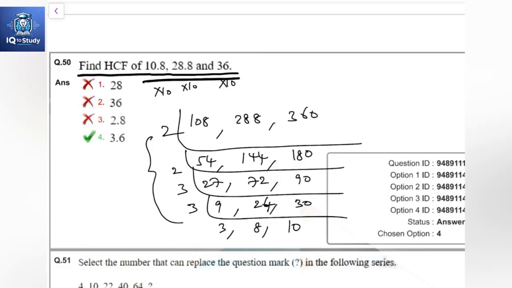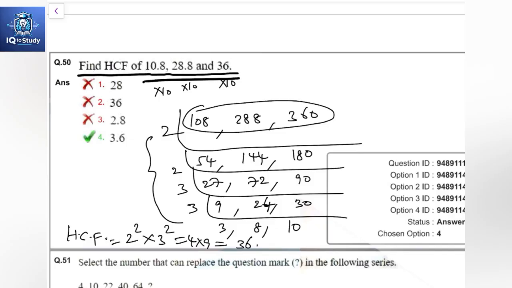The common prime factors are 2 square into 3 square, which is equal to 4 into 9, that is equal to 36. And this is the HCF of 108, 288 and 360.